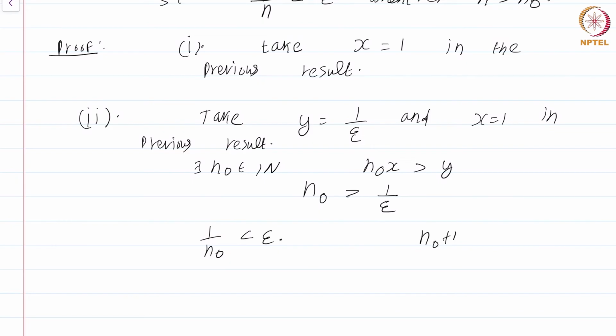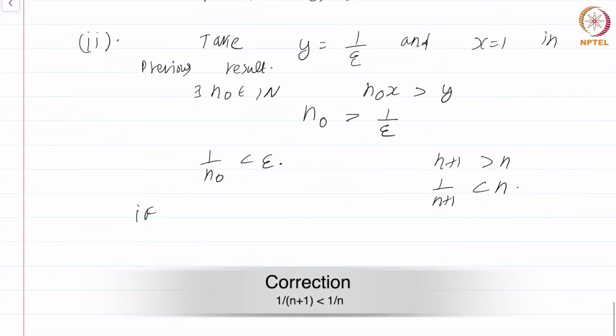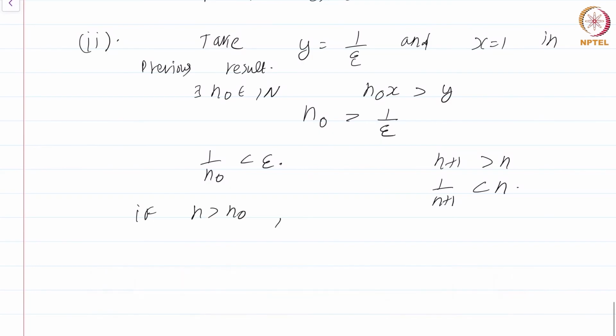But from the fact that n plus 1 is greater than n, we immediately get 1 by n plus 1 is less than 1 by n. So if n is greater than n naught, then 1 by n is also less than epsilon. Okay.